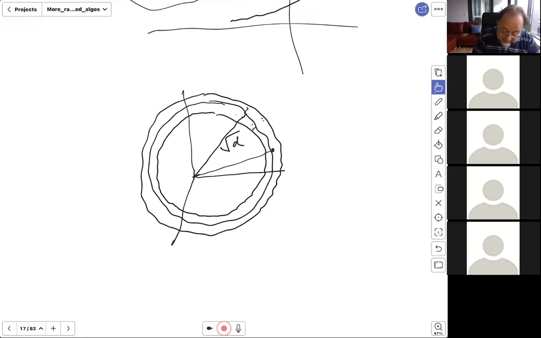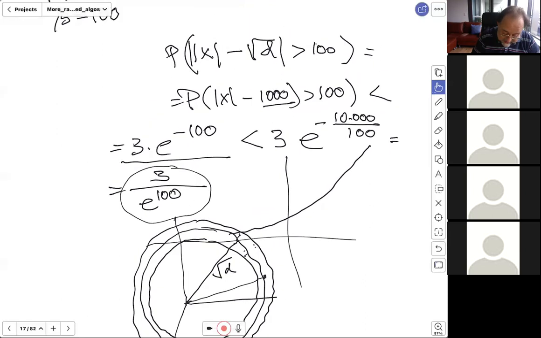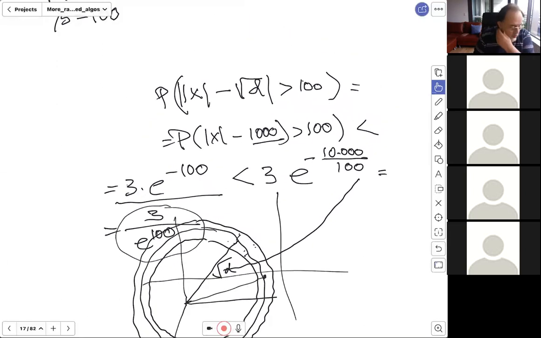So this means that in a high dimensional space, if you generate coordinates of your vector randomly, the tips of all these vectors will be in a shell of radius square root of d, right?